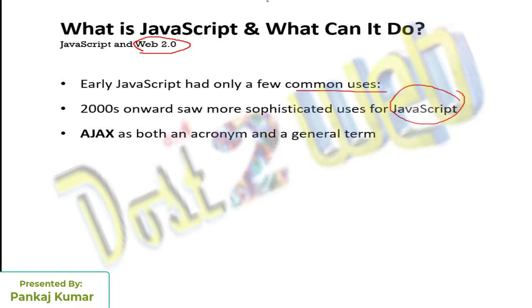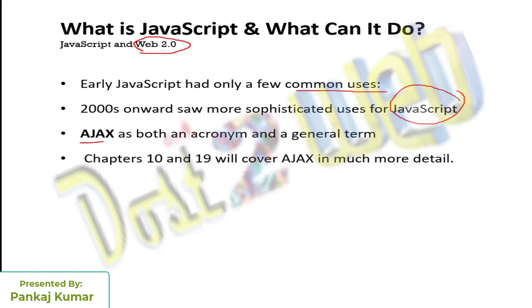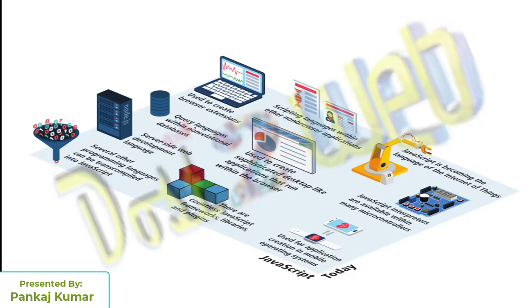That is the end benefit of Ajax. The full form is Asynchronous JavaScript and XML. It was used up to 2000. We'll cover the Ajax topic later in chapters 10 and 19, as a separate discussion.